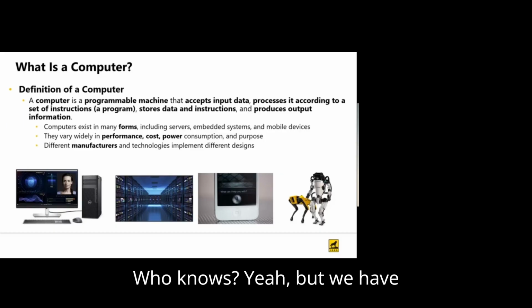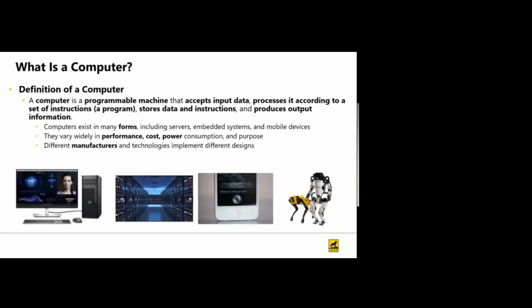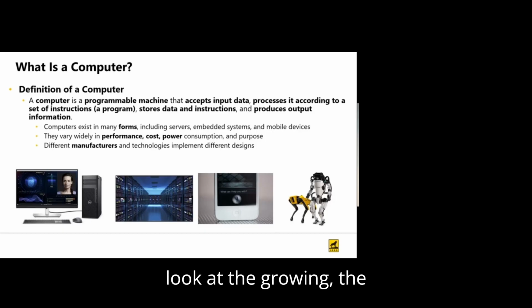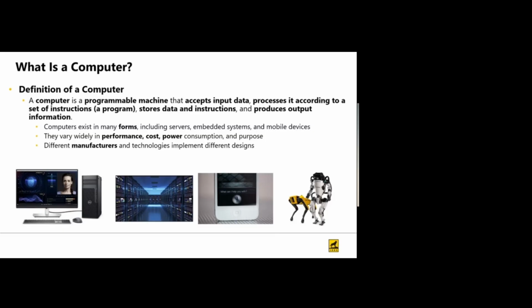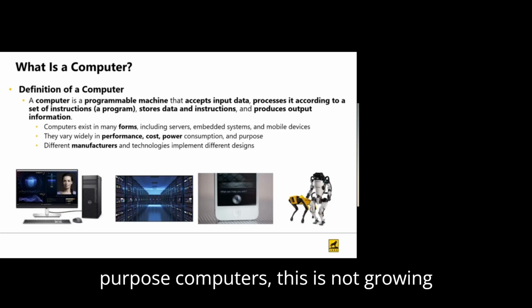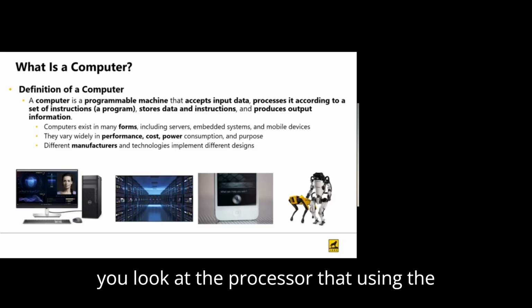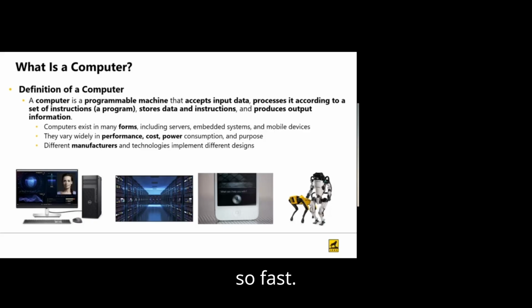But we have different types of manufacturers. And actually, if you look at the companies making CPUs for general purpose computers, this is not growing that fast. But if you look at the processors used in embedded systems or mobile, it's growing so fast.